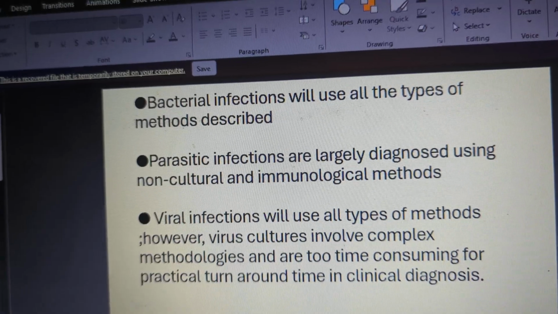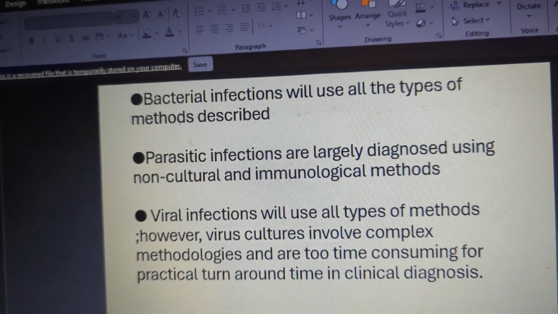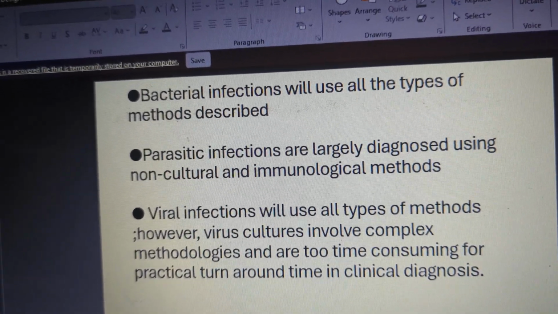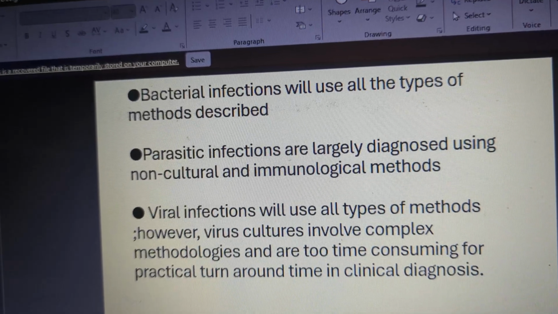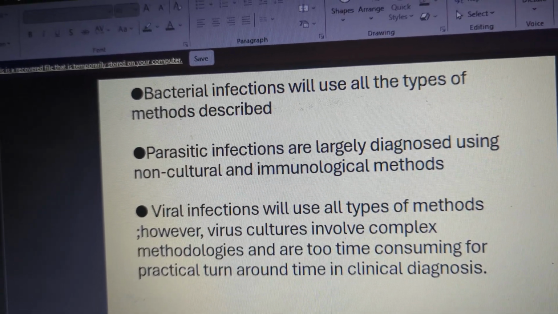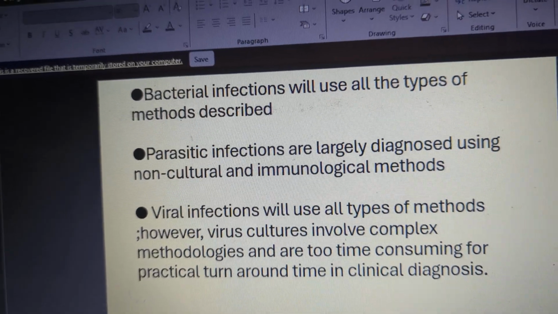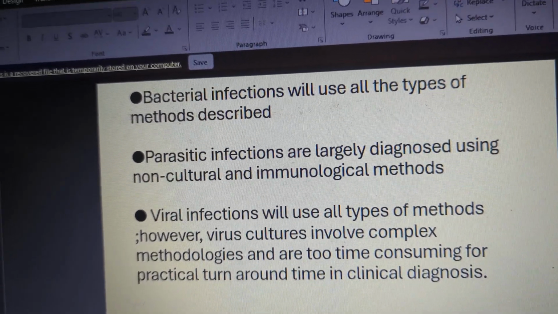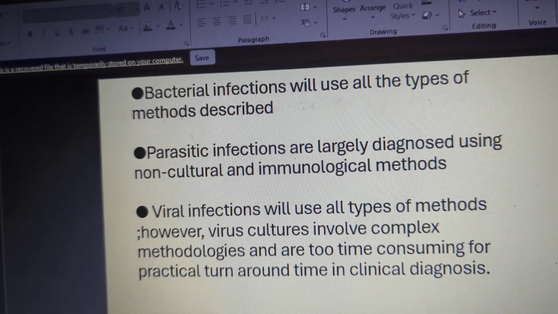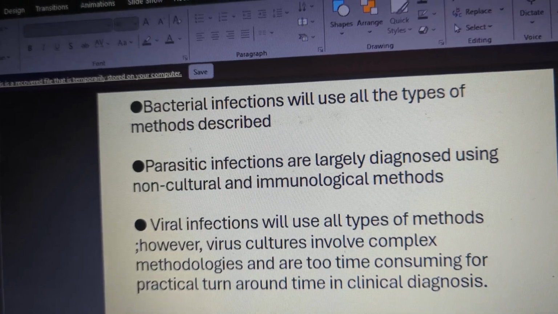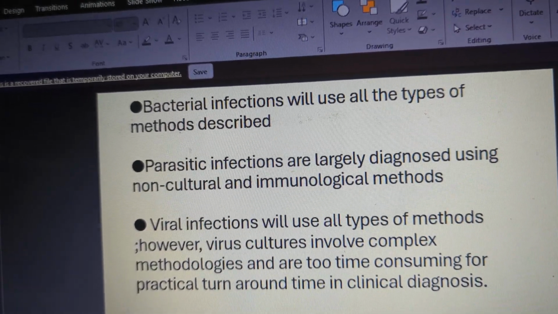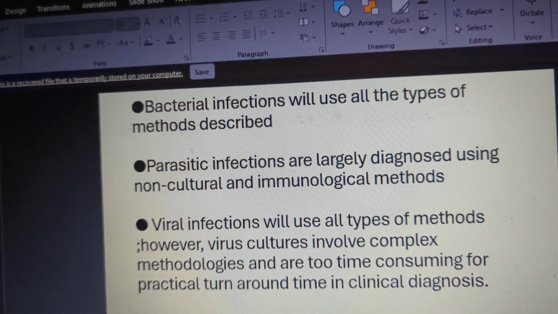Okay, and then for the parasitic infections, which is really our focus today, parasites. For them, they will largely use non-cultural methods and the immunological methods. Okay, it's very, very rare to use culture for a parasitic infection.